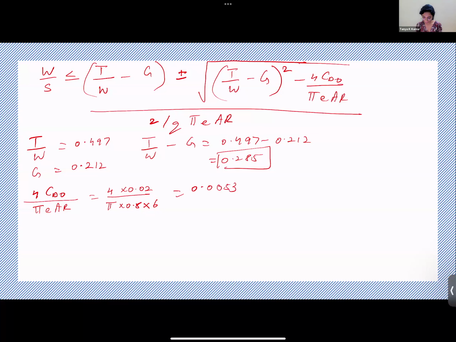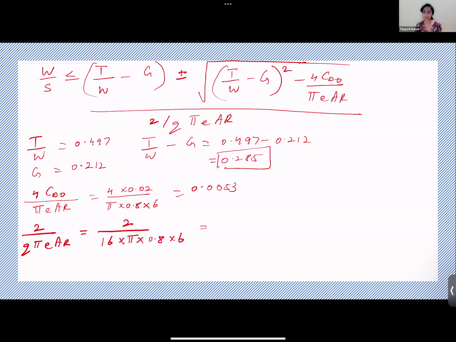Okay, so next term is 2 by Q by E A R. So this 2 by Q is 16, divided by E, which is 0.8, and aspect ratio is 6.